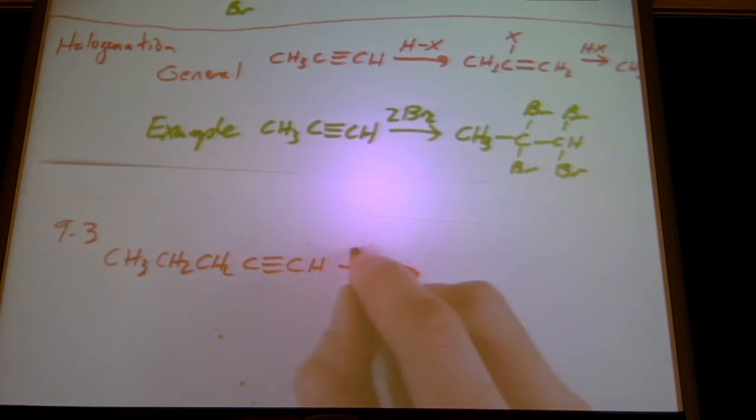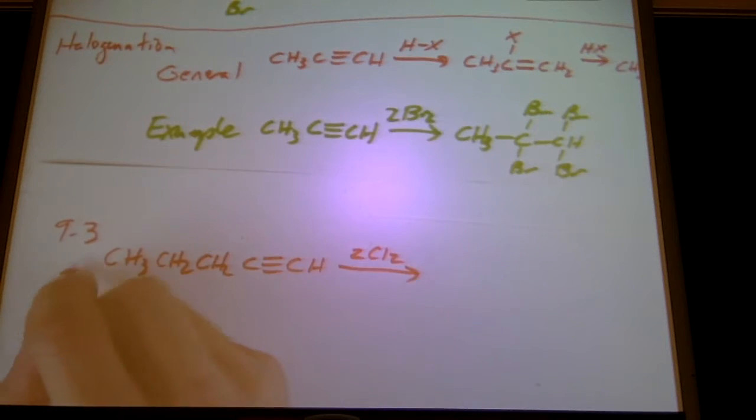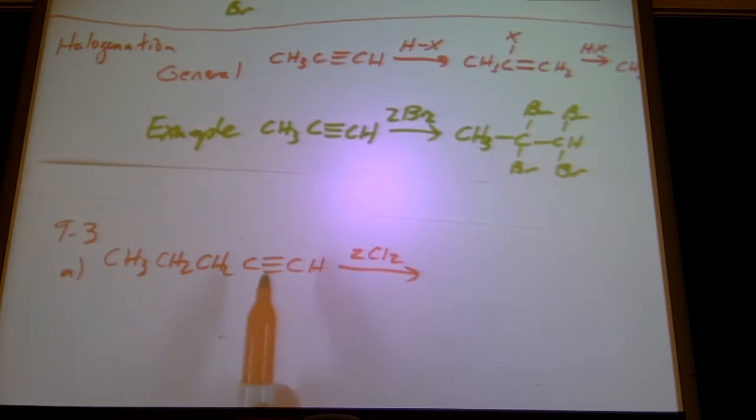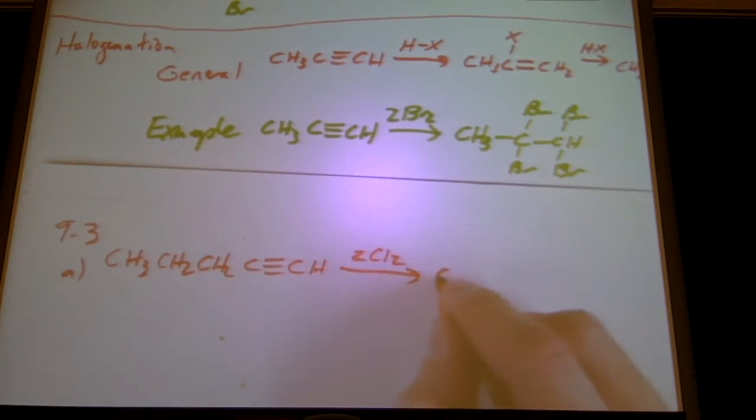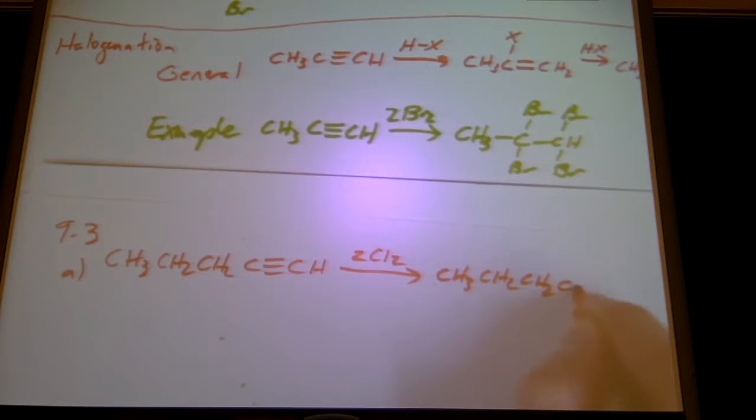Says I add 2 molar equivalents of Cl2. So I know chlorine adds to both sides of my double bond, and so it's going to do the same thing to a triple bond, even a double bond, so then it can add again. So I end up with 4 chlorines adding. The addition will take place once, then it takes place twice.